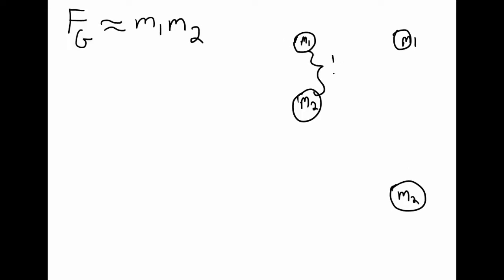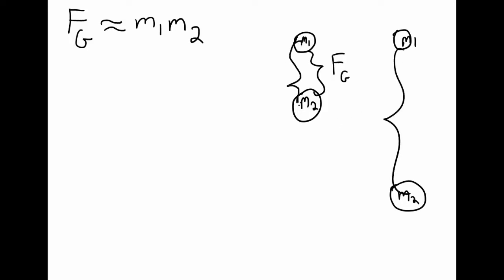Now, Newton also realized that the gravitational force depends not only on the mass of the two objects, but also on the distance between each other. So if I take M1 and increase the distance away from M2, he realized that the force goes down.